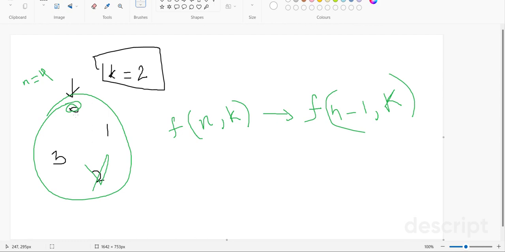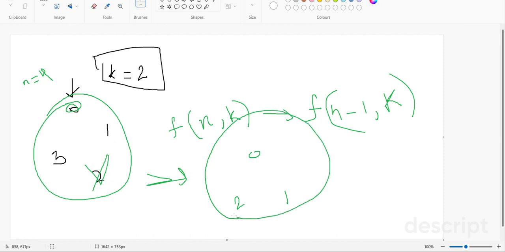Suppose it is an input of 4, then we can see if we are having indices 0, 1, and 2, whatever the answer will be for the cycle consisting of 3 members. Suppose the answer is 2 for that cycle. Then the answer for the 4th cycle will obviously be, if we add k to this position, whatever position we get from this case, suppose we are getting position 2 as the output.